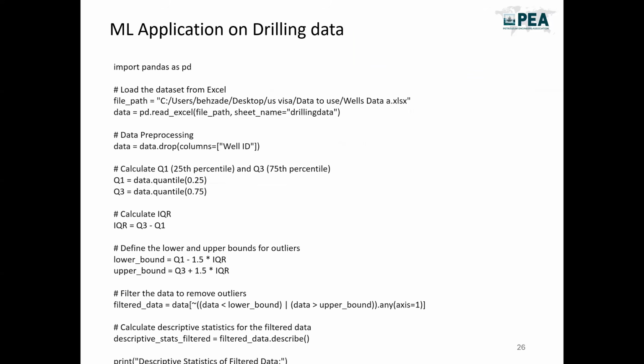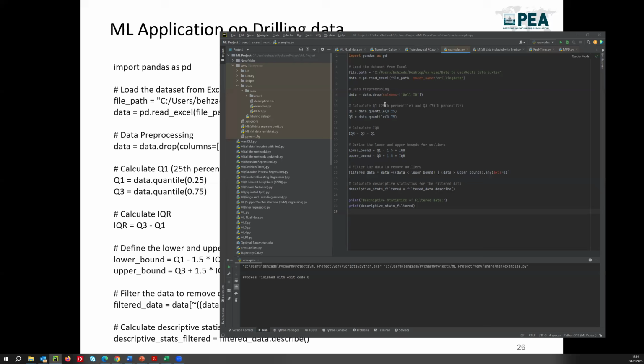again, we can use the code. In the code, if you can see, we're going to bring in the pandas library. We're going to go through the file that we have and drop the well ID. Then Q1 is equal to the data quantile 0.25, which is 25%, and Q3 is 75%. IQR is Q3 minus Q1.